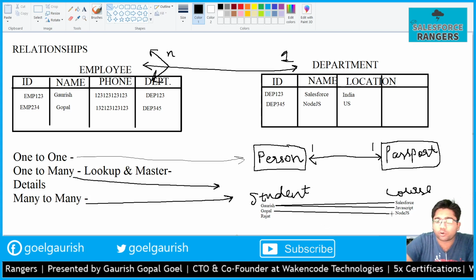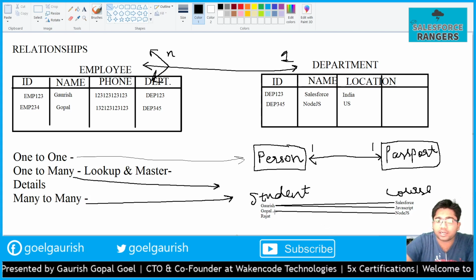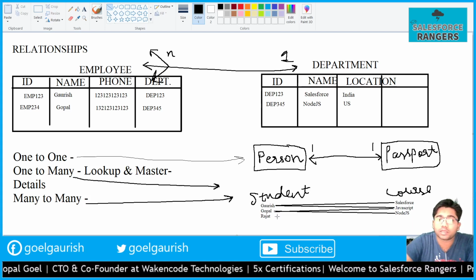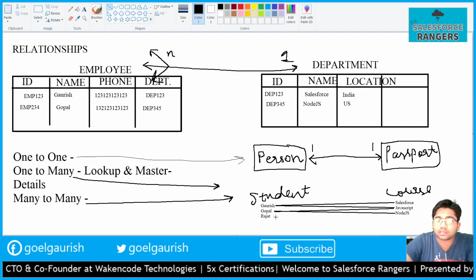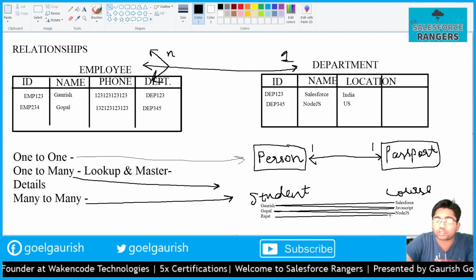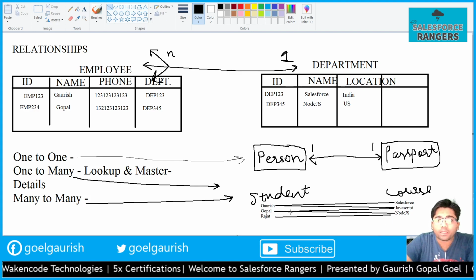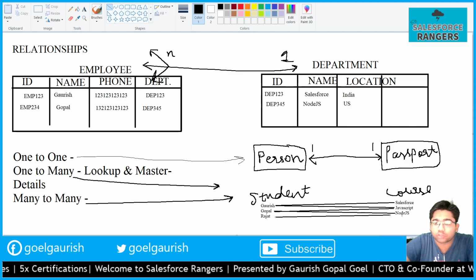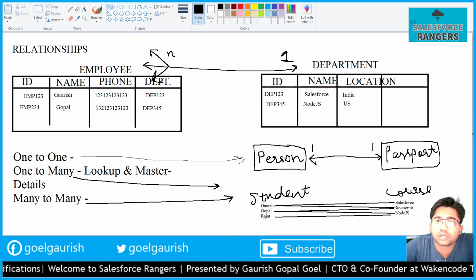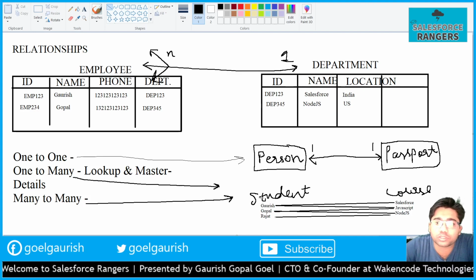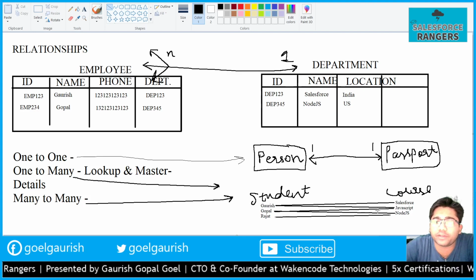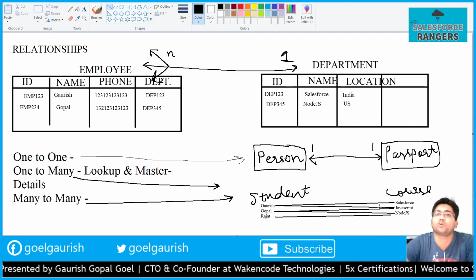And Gopal has enrolled into Node.js and also in JavaScript, because JavaScript is also helpful in Node.js. And Rajat has enrolled himself into Node.js only. Now you can see that in the JavaScript course, there are two students, and Gaurish has enrolled himself into two courses, so that becomes many to many relationship.